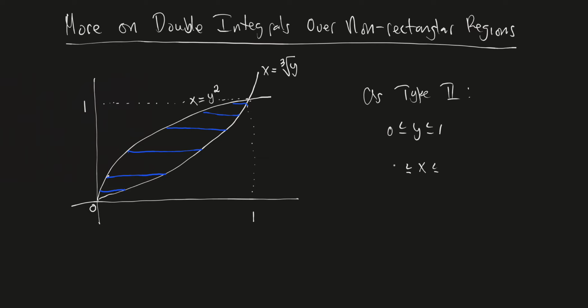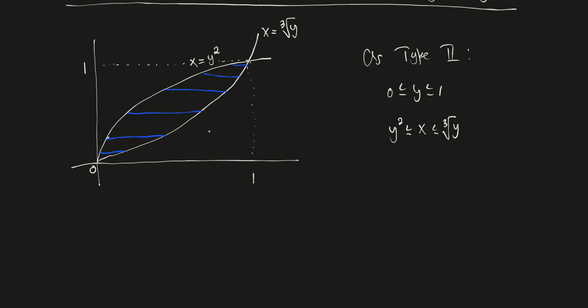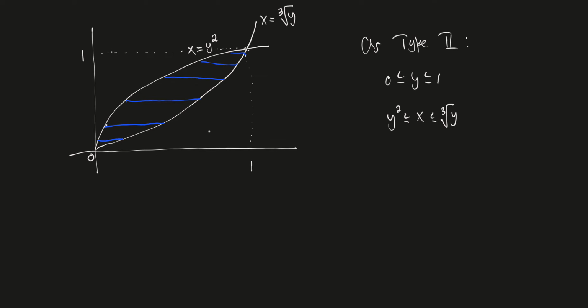So y squared becomes the lower limit for x, and the cube root of y becomes the upper limit for x. And these are what we would call type 2 inequalities that define the region, right? So now I've just described the region. So now let me set up the full problem. And for the full problem, I have to give you the height now, because this gives us the base of our solid.